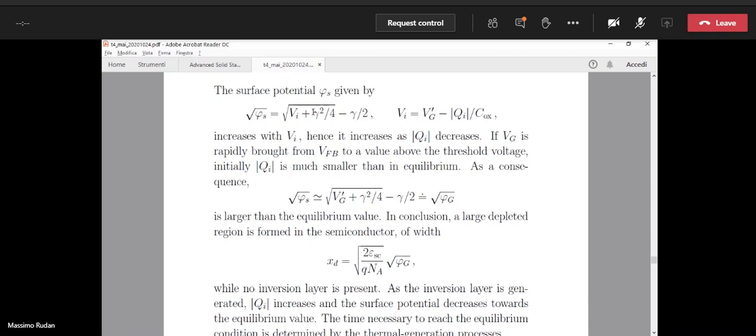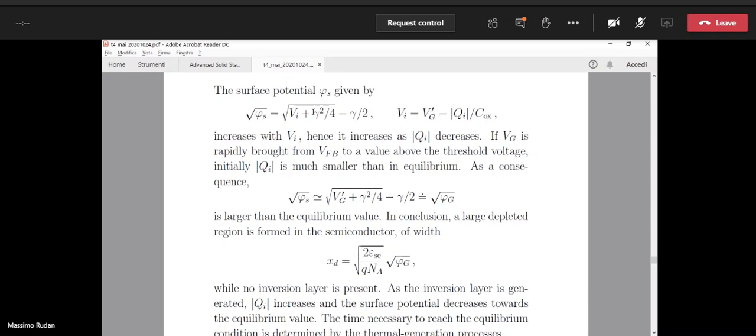So what happens when we pulse an MOS capacitor? We open up the depleted region, but we do not have any inverted layer. So we simply apply this relation by letting Qi equal to 0. Okay, so at the very moment when we apply the pulse, Qi is 0 because there has been no time to form the inverted layer.